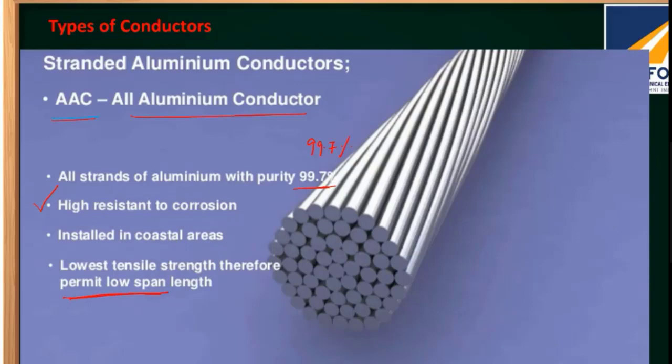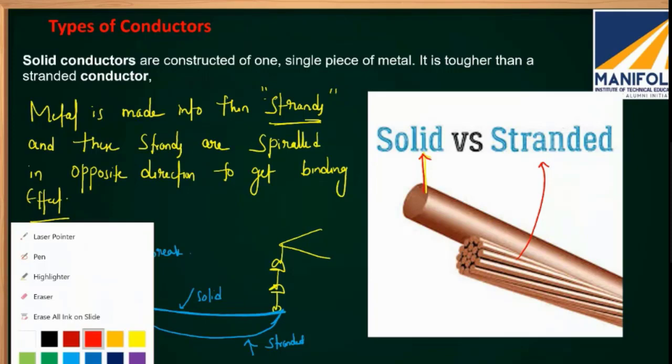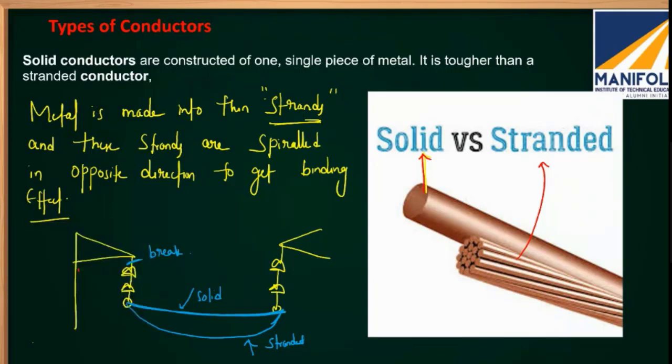Sir, what is span? Span is nothing but this distance from one tower to the other tower. This is the span. Whereas this distance is the sag. Suppose you draw a vertical line connecting the two towers to the transmission conductor which has some bend.